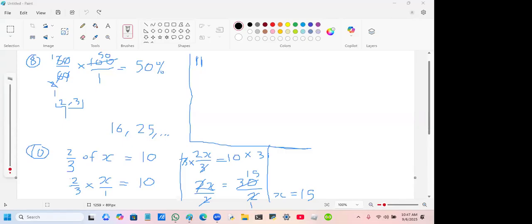What is the question for number 11? Find the simple interest on 600 naira for 5 years at 9% per annum.